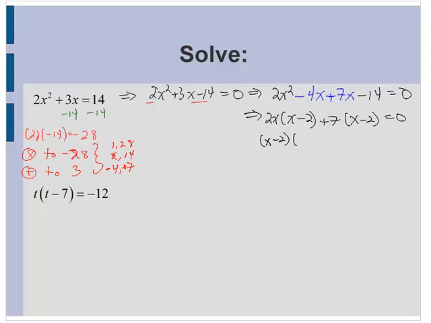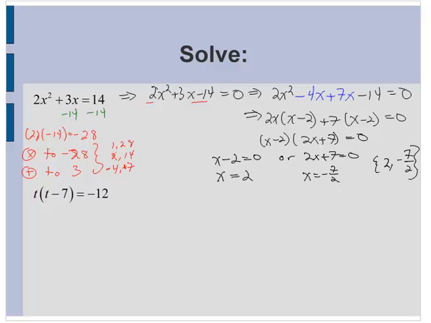And so we'd have x minus 2 by 2x plus 7 equals 0. And so we'd have x minus 2 equals 0, which implies that x equals 2. Or 2x plus 7 is 0, which implies that x is negative 7/2. So the solution set would contain 2 and negative 7/2.